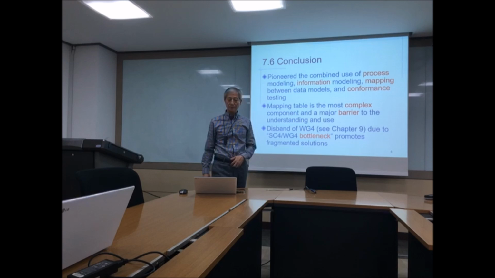The mapping table is the most complex component in developing AP, and that was the major barrier, obstacle to the understanding and use of AP, because you should know both areas: the domain-specific terminology and concepts, and also domain-independent concepts and knowledge.